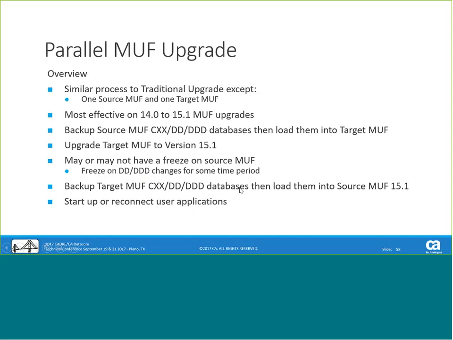Back up the target, CXFDD, and load them into the source MUF 15. So once you have done the conversion in your parallel environment, it takes backups and then simply loads them into the 15.1. That was the real benefit in the 12 to 14 world, because you got to run all the upgrade steps, which traditionally took a lot longer because the DD update ran for a while, et cetera, and you eliminated all of that runtime and changed it into a simple DB utility load of these resources.